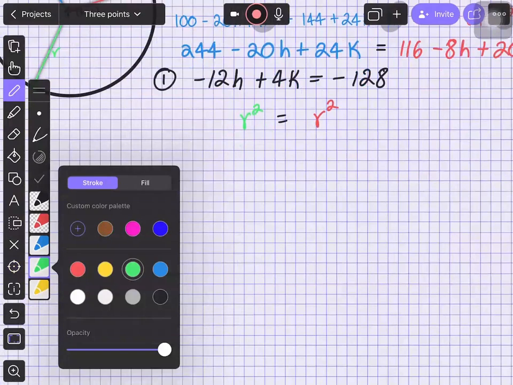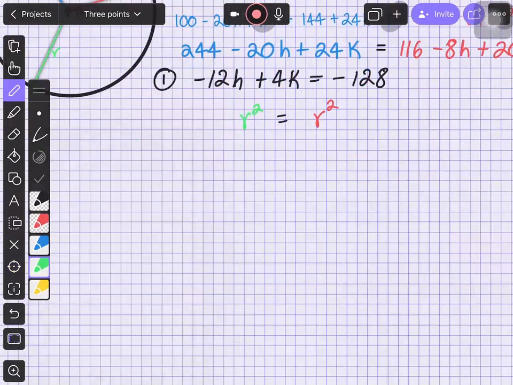So our equation: x minus h squared plus y minus k squared equals x minus h squared plus y minus k squared. All right, now the substitution.